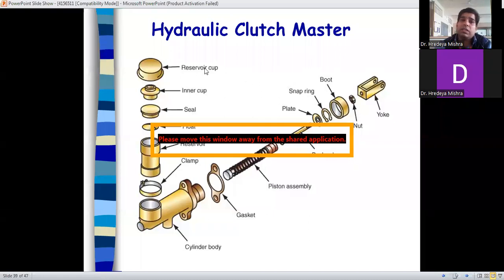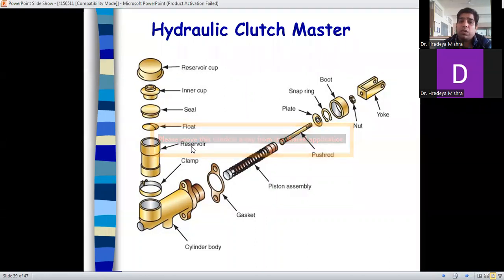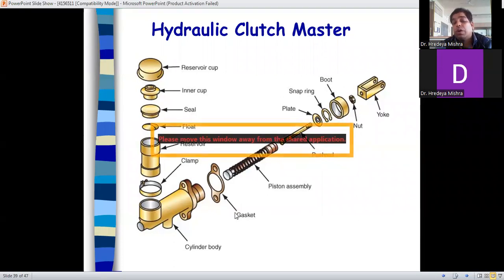Okay, hydraulic clutch is there. See, hydraulic clutch is there. Okay, so here receiver, inner cap, seal, float, receiver, clamp, and this is your cylinder body. Okay, and now here piston assembly, gas tank is used to avoid the leakage of the compressed air from the cylinder case.